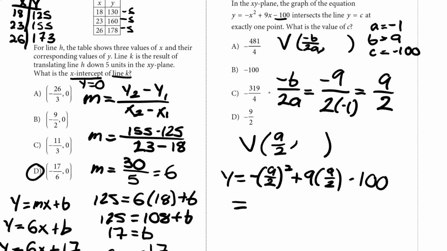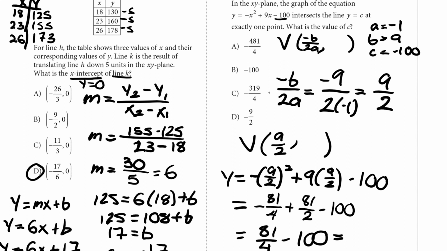Nine over 2 squared is 81 over 4, and we have the negative sign in front, plus 9 times 9 is 81, and then over 2 minus 100. Negative 81 over 4 plus 81 over 2 gives us 81 over 4 minus 100.